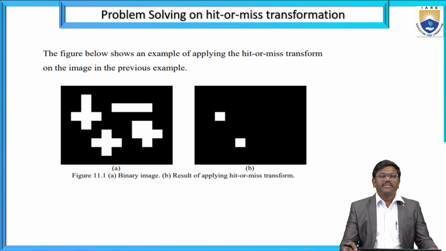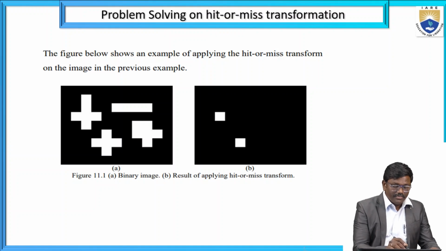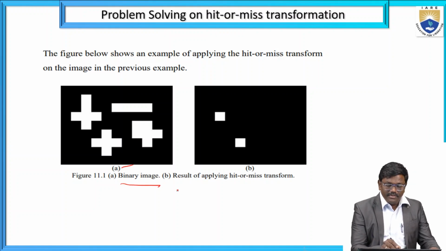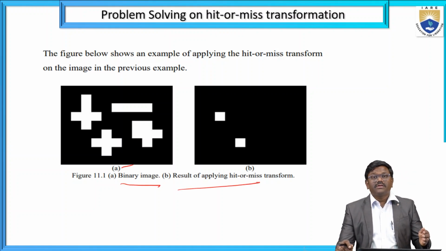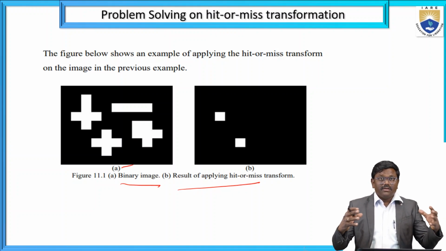So let us take the figure below, which shows an example of applying the hit or miss transformation on the image from the previous example. There we find that the background is zero, nothing but black, and the foreground is nothing but white. You see, part A shows the binary image, and part B shows the result of applying the hit or miss transformation based on matching.